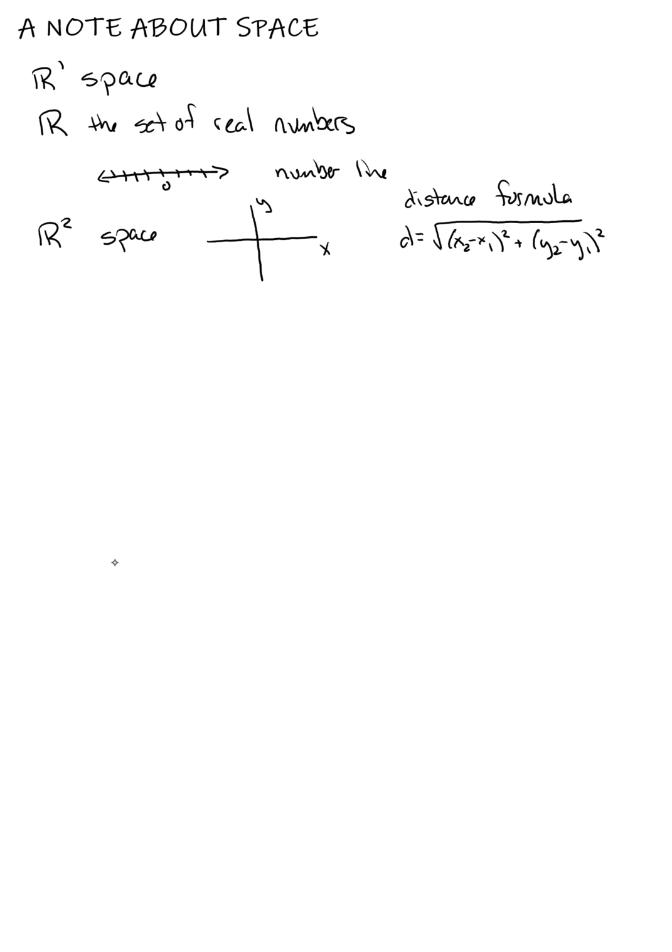You can also write the equation of a circle. A circle looks like x minus h parentheses squared plus y minus k parentheses squared equals r squared.